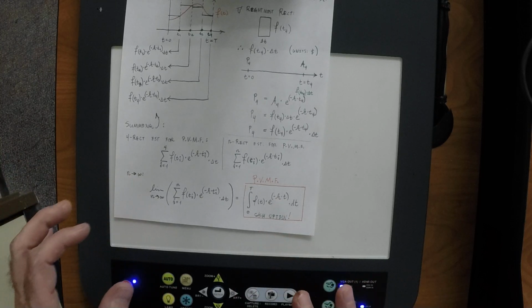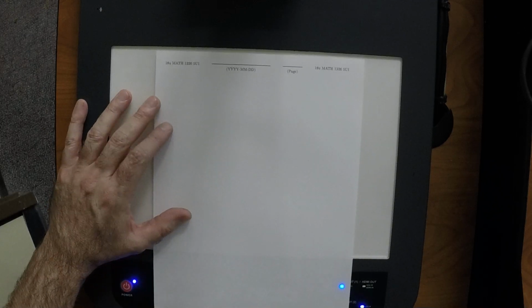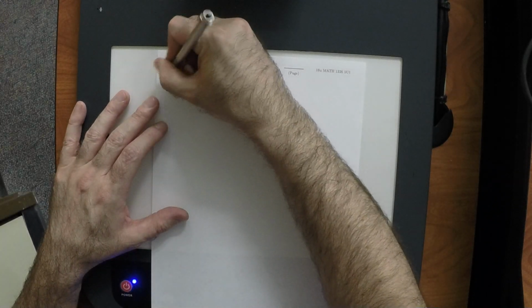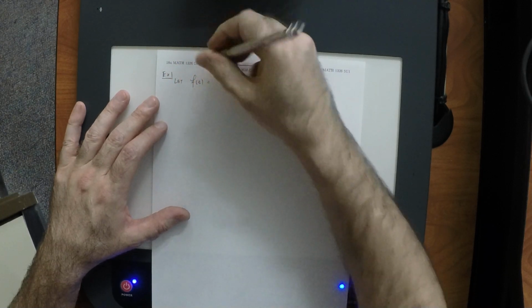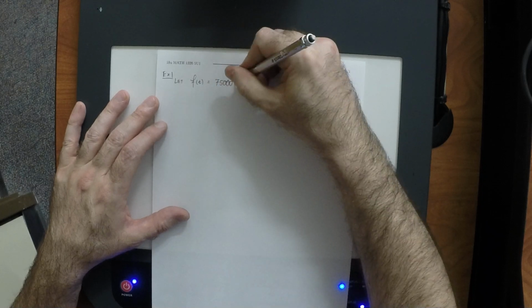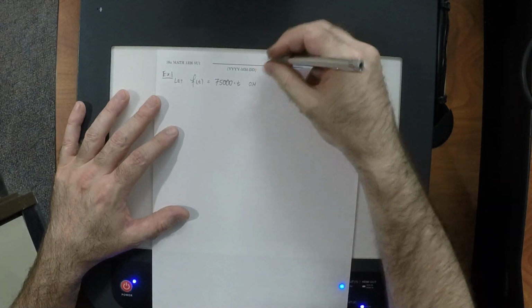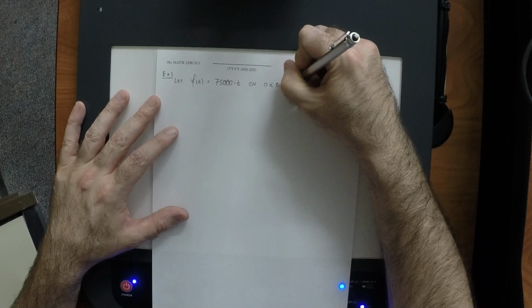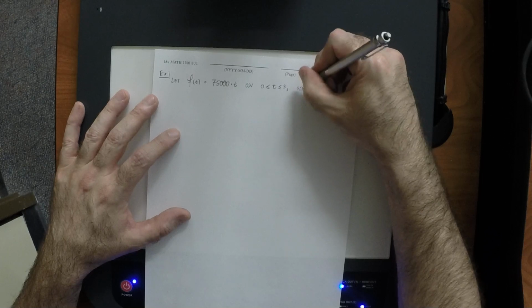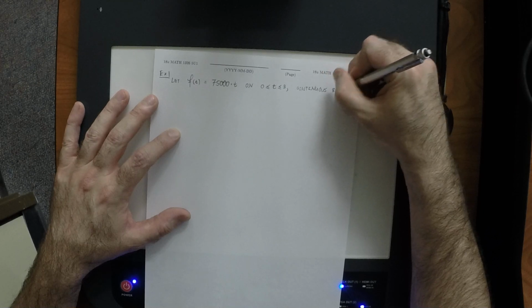Good. So this has been abstract enough for a moment. Let's do an actual exercise so that it's not a completely abstract day. So here's an example. Let f of t equals 75,000 t on the interval 0 less or equal t less or equal 3, and continuous 8% interest.